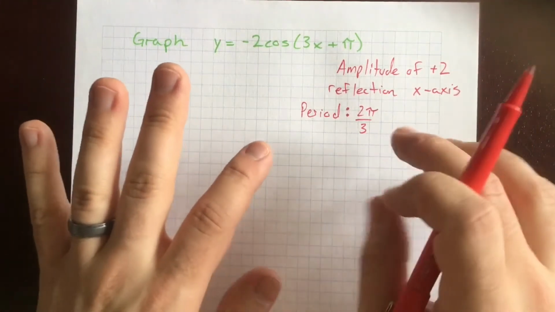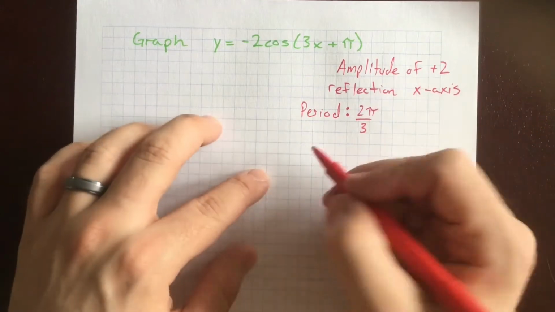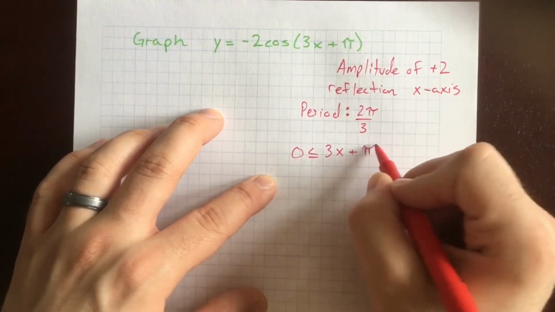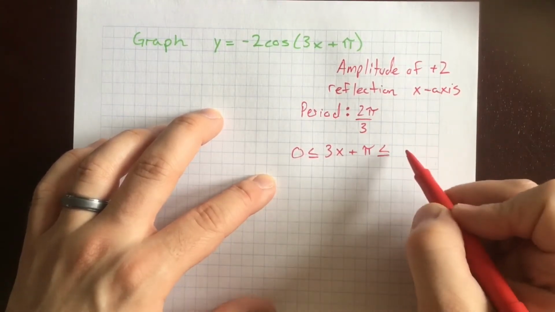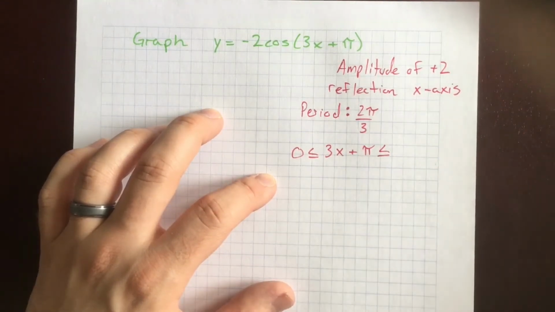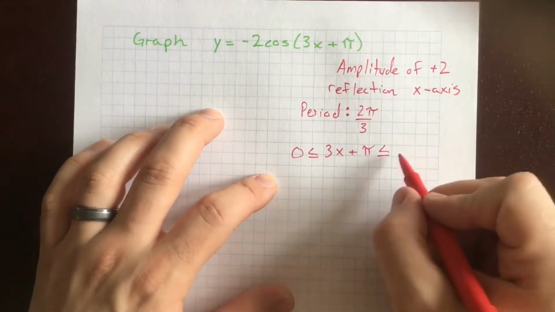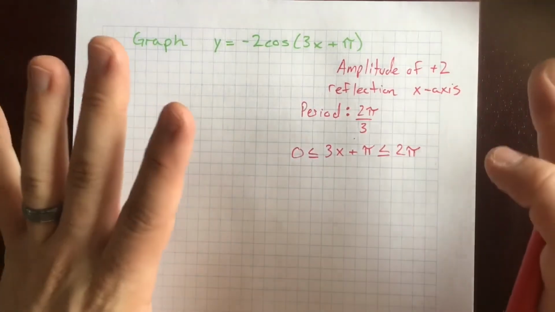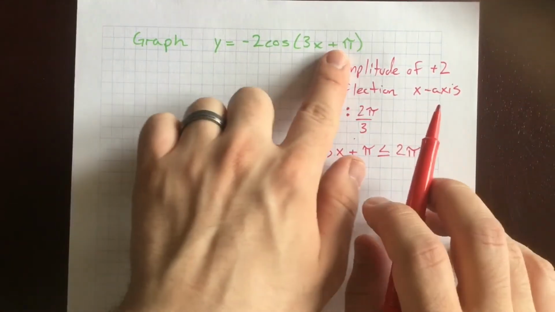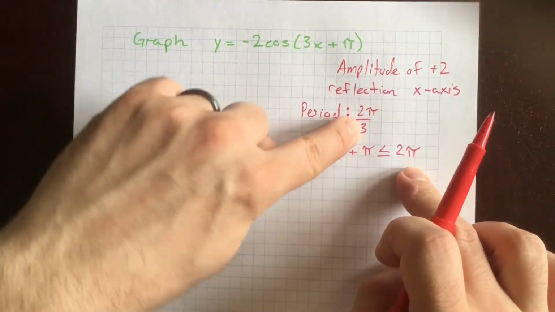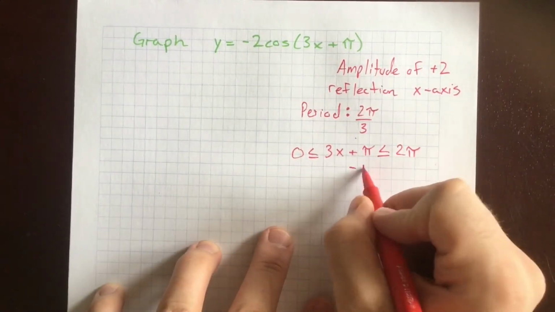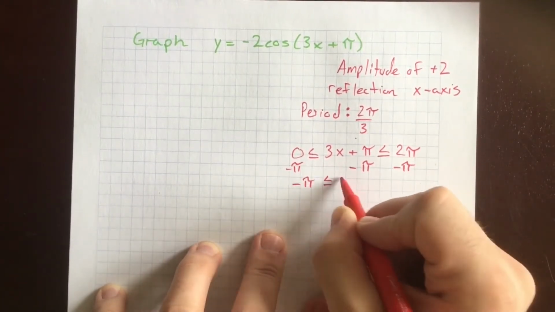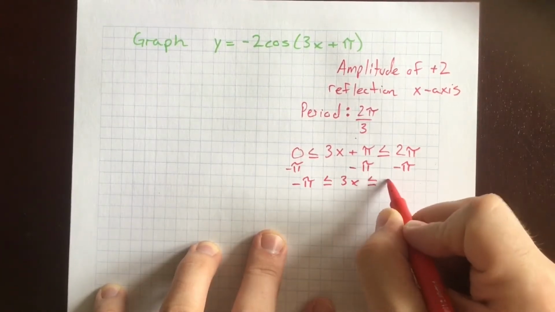So when I do this next portion, I'm not going to do 0 and then place 2 pi over 3 here, but rather I am going to place 2 pi. Yes, our period's not 2 pi, but when solving this, it will correct itself, okay? So we will always be placing this between 0 and 2 pi, even if our period is different. So first of all, we subtract pi, which gives us negative pi, and positive pi.